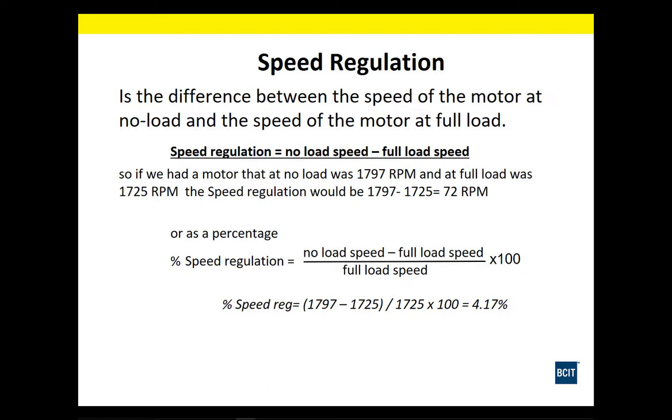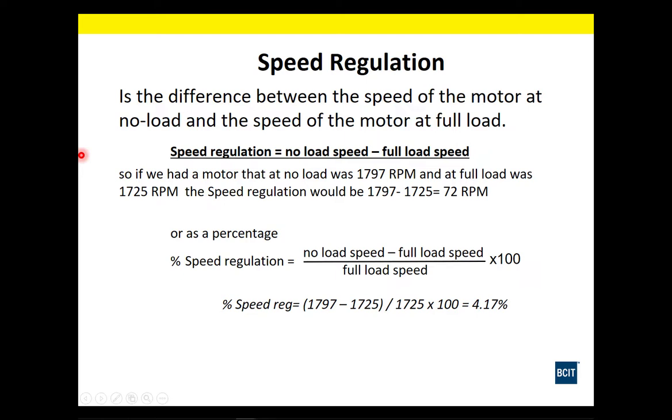Now, that difference in speed from full load to no load is what we call speed regulation. It is the difference in speed between the motor at no load and the motor at full load. So a typical 1800 synchronous speed motor, let's say, is running at a full load speed of 1725 RPM.